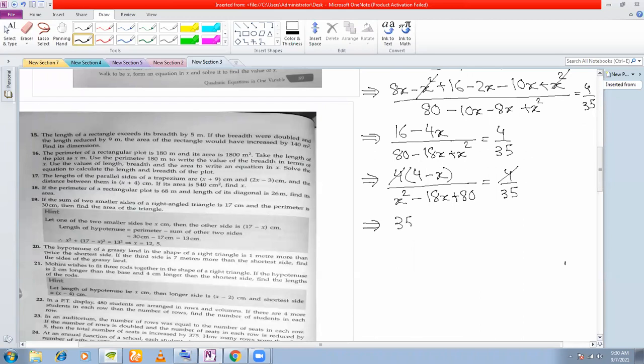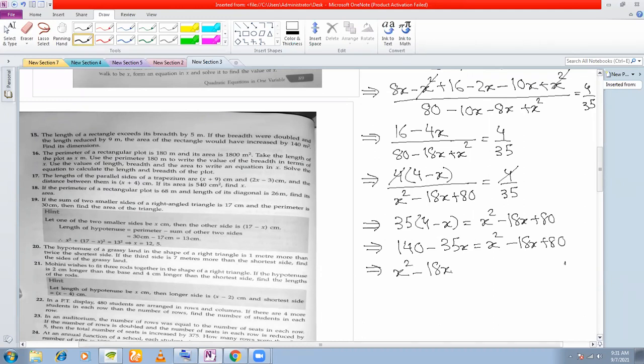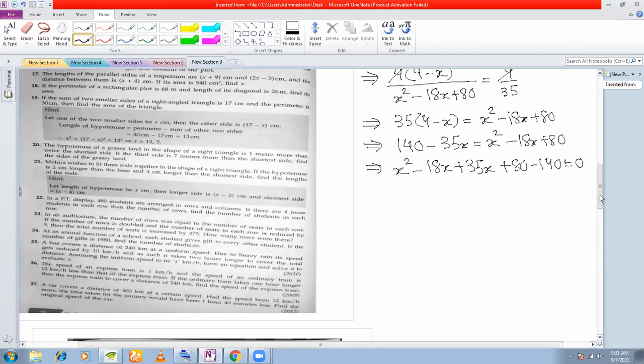Now you can cross multiply. You take everything on the right hand side. You will get x square minus 18x plus 35x plus 80 minus 140 is equal to 0.